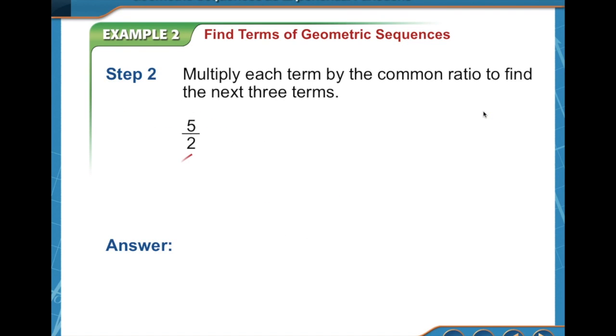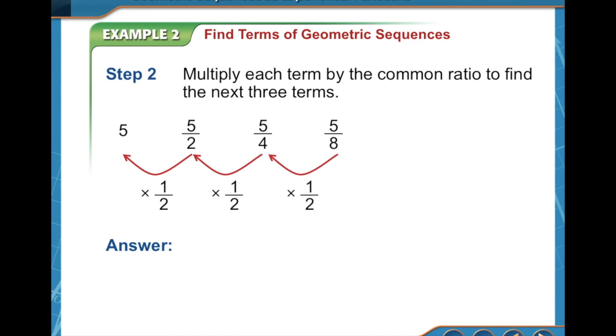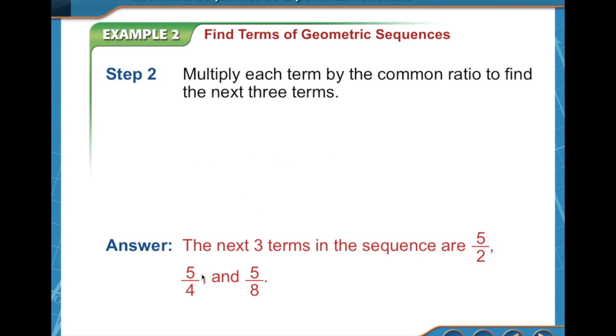So if we multiply through, from 5 times 1/2, we get 5/2. Times 1/2 again, we get 5/4. And if you notice the pattern, times 1/2 one more time, we get 5/8. So our last 3 terms are 5/2, 5/4, and 5/8.